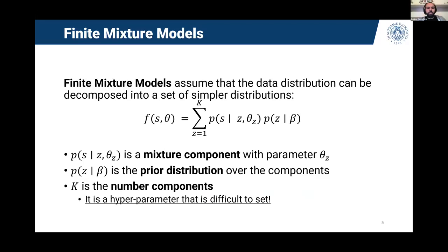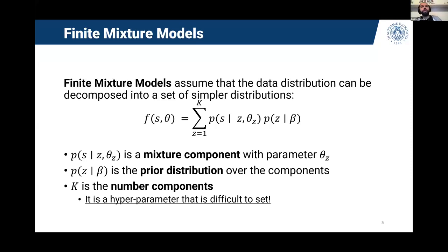So our proposal is based on the concept of mixture model. In the finite case, a mixture model assumes that the data distribution can be decomposed into a set of simpler distributions. So, for example, if f of s is a distribution of our sample s, a finite mixture model approximates this distribution as a summation, where each term on the right is related to a mixture component.